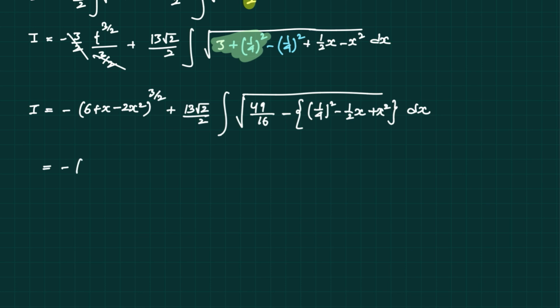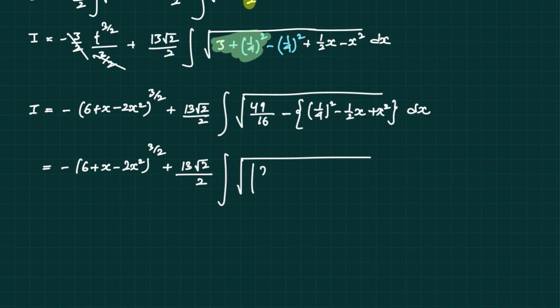So it equals minus (6 plus x minus 2x square) to the power 3 by 2 plus 13 root 2 by 2 integration of square root of ((7 by 4) whole square, as 49 by 16 is (7 by 4) whole square, minus this everything which can be written as (x minus 1 by 4) whole square) dx. Now this is in the form of square root of a square minus x square.